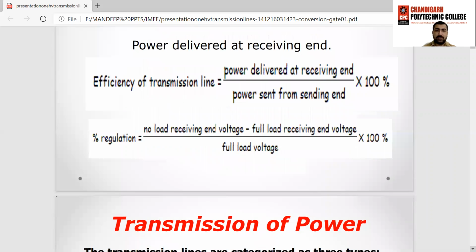Next, voltage regulation. The percentage regulation equals no load receiving end voltage minus full load receiving end voltage divided by full load voltage into 100. It is the mathematical representation for voltage regulation percentage.